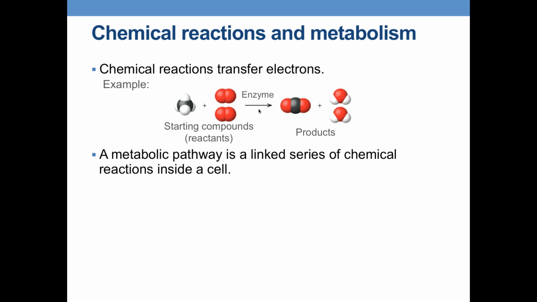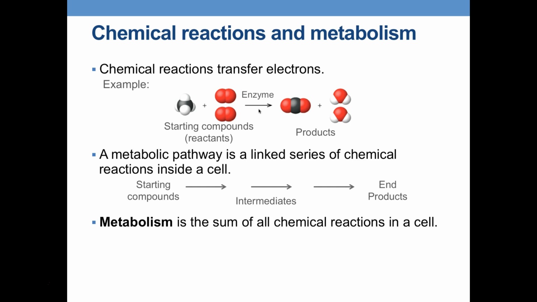These are a set of chemical reactions that are linked together, and we refer to them as a metabolic pathway. And we can talk about this process overall, again, with starting compounds. And then, because it's multiple reactions, we have a series of intermediates, and at the very end, we would have the end products of our metabolic pathway.